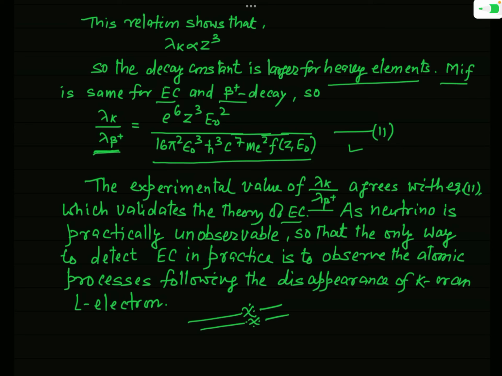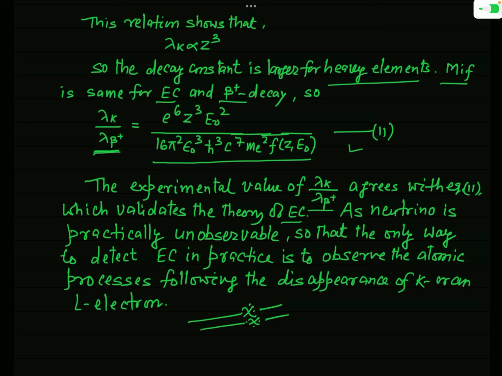In fact, electron capture is only experienced by observing the disappearance of an electron in the K cell or in the L cell. When it is seen that the electron present in the K cell has disappeared, it means that electron has been captured by the nucleus, and this electron capture process has taken place.